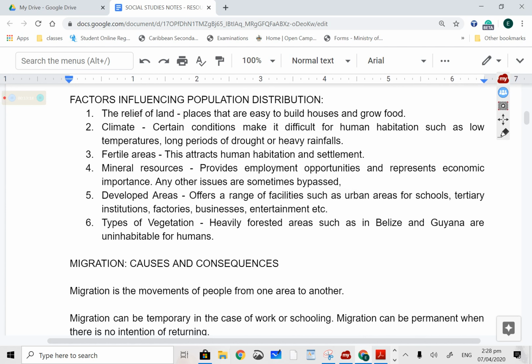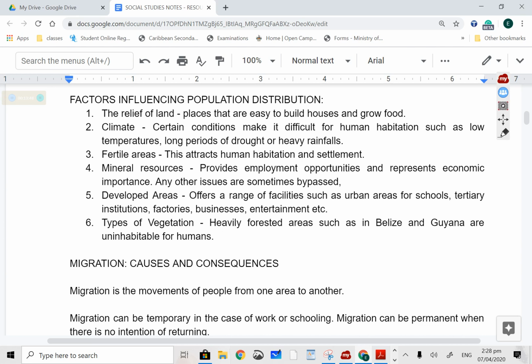Now, factors influencing population distribution. One, the relief of land: places that are easy to build houses and grow food. People would not settle in a rocky area where they can't grow food, okay? If people did settle there, it would be a sparse distribution of people, not a dense population.